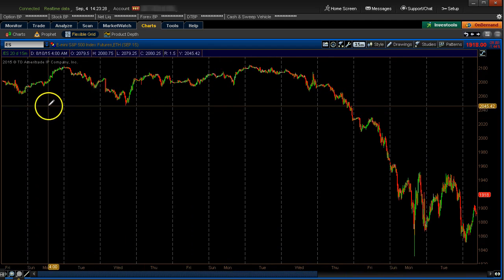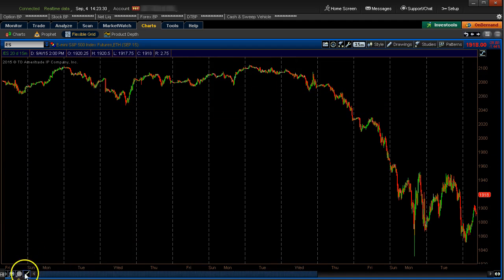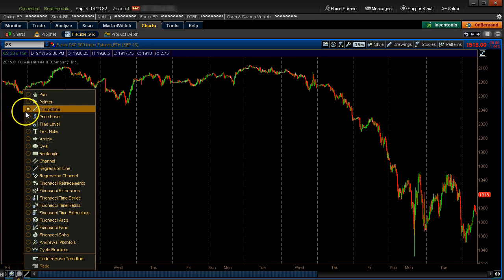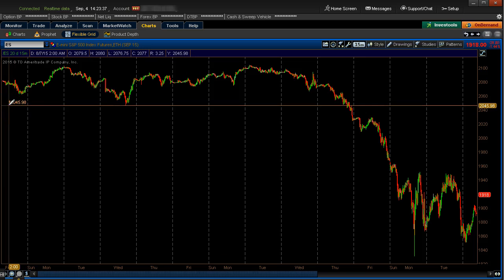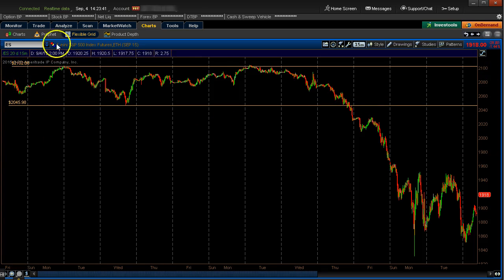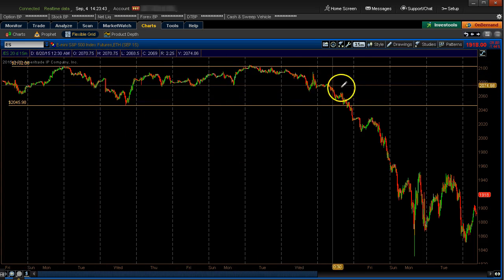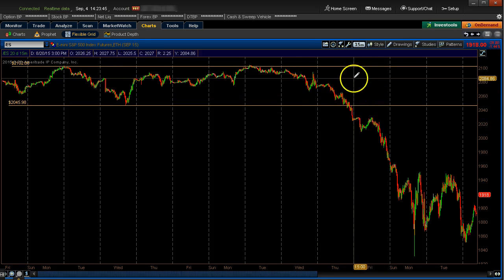The trend was sideways. We finally broke down. So let's go to our price level tool and draw a couple of lines. The trend was sideways, and then all of a sudden the trend was down.